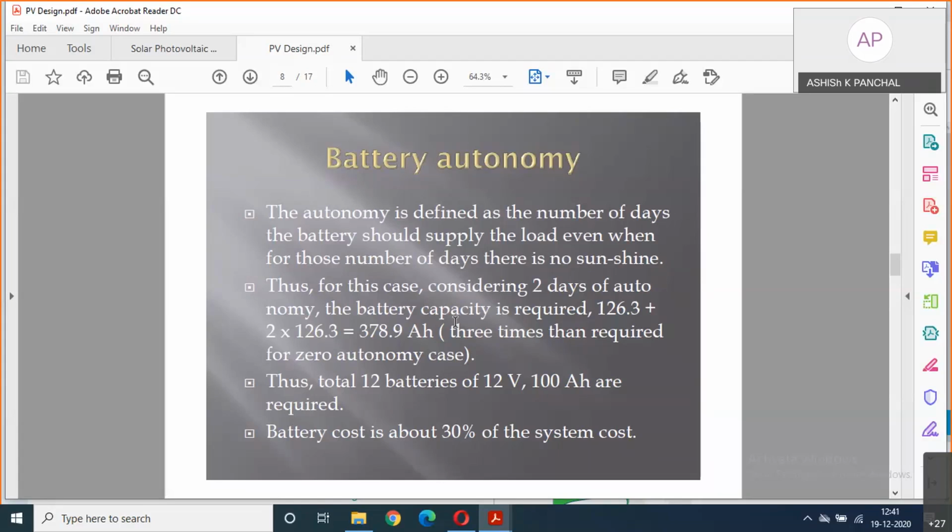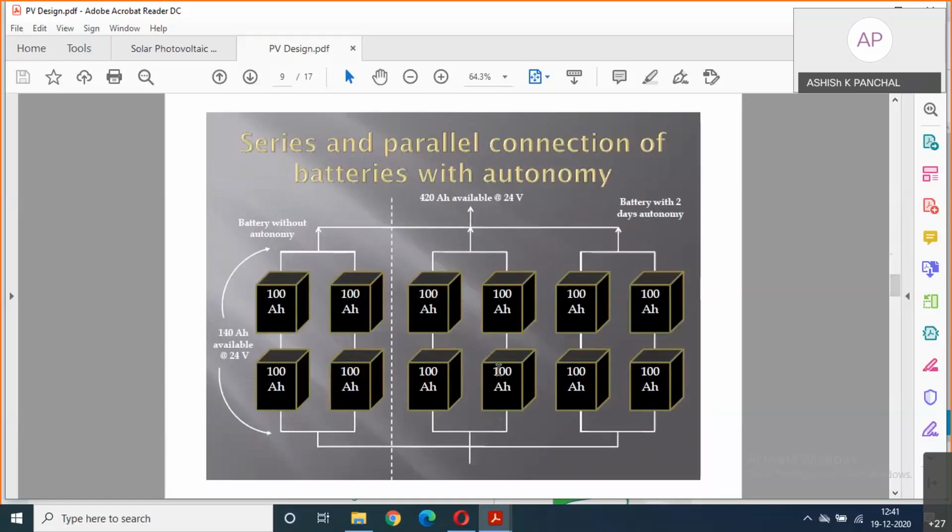The next day, again, sunshine is not there, so I will select a third battery pair to deliver the load. This way I will employ more batteries. So I will employ 2 extra batteries, known as 2 and 3.